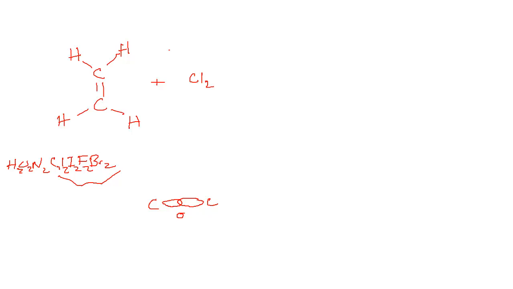And you can also have bonds, and I'm going to exaggerate these, I probably ought to exaggerate them even more, that occur with a p orbital that are off center between the two carbons, and there's an overlap here and an overlap here. These are called pi bonds. So in a double bond, you have a sigma bond and you have a pi bond, and that's why we have two bonds here.